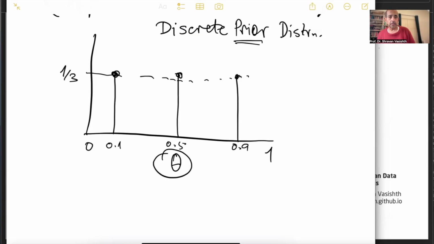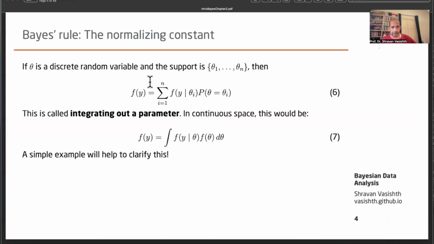Okay. So that's an example of a discrete prior on theta. And I'm going to talk about how we can get the f of y in this situation where there are discrete values for theta that are possible, and each of those discrete values has a particular probability, like I just showed you in the figure, right?